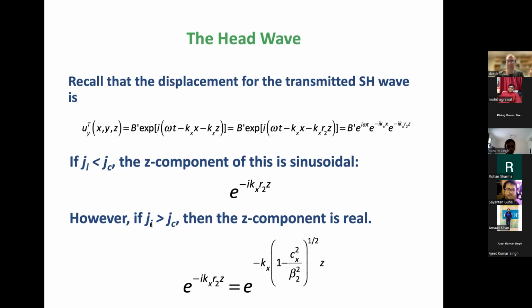But if the angle of incidence is greater than the critical angle, then the z component is real because r sub 2 is imaginary. So you have an imaginary number times an imaginary number, creating a real component. And that gives us e to the minus k sub x times the square root of 1 minus c sub x squared over beta 2 squared. And this gives the depth dependence of the head wave.